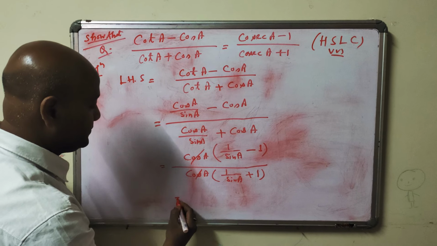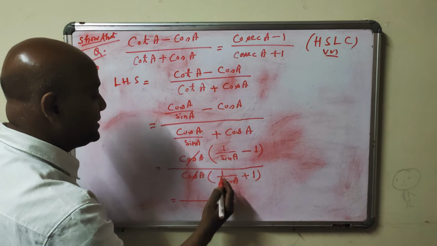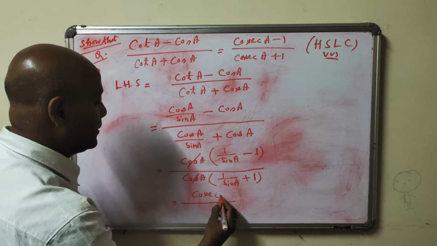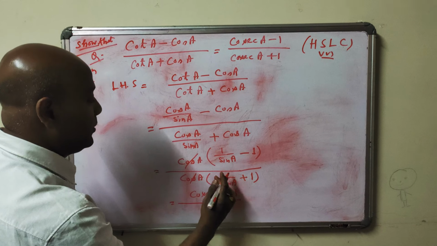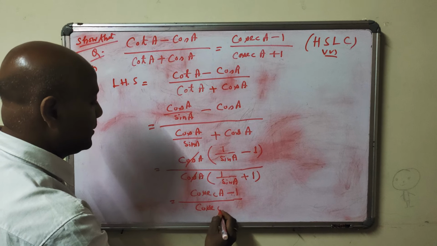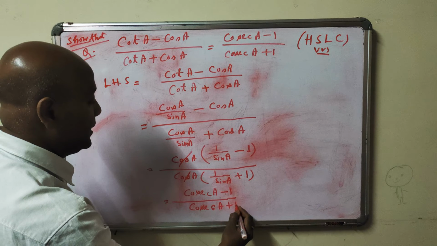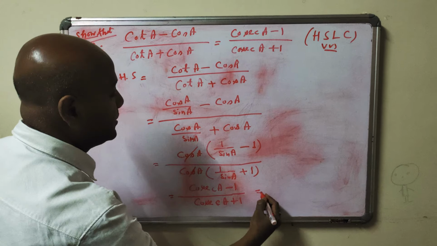These two will cancel. See, 1 by sin means what? Cosec A minus 1. 1 by sin means what? Cosec A plus 1. You got this. It is equal to what?